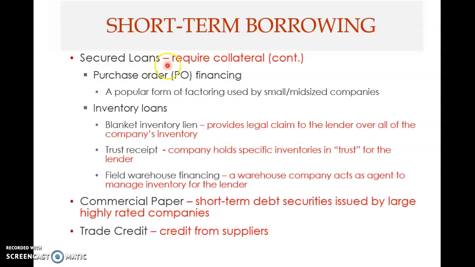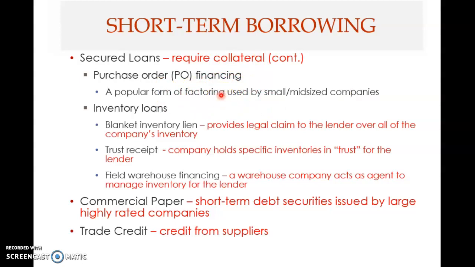Then another type of secured loan is purchase order, or PO, financing. Purchase order financing is a popular form of factoring used by small or medium-sized companies. When they receive a purchase order from a customer, they can sell it to a factor or lender.